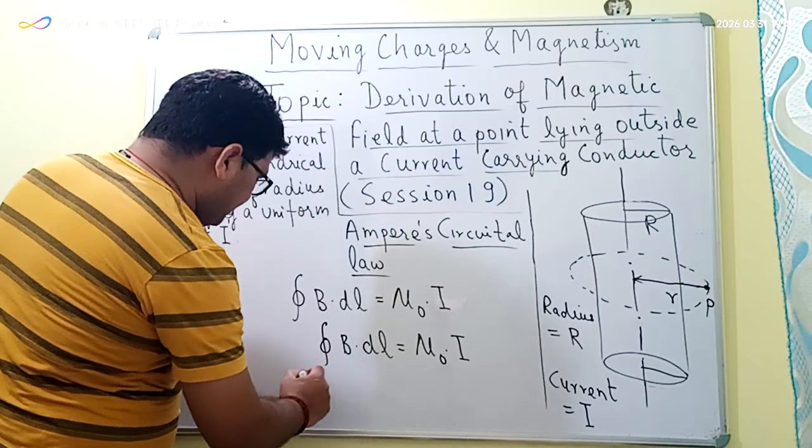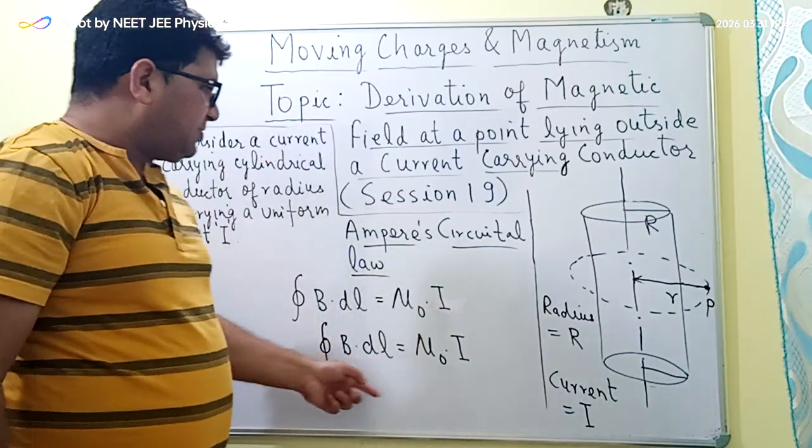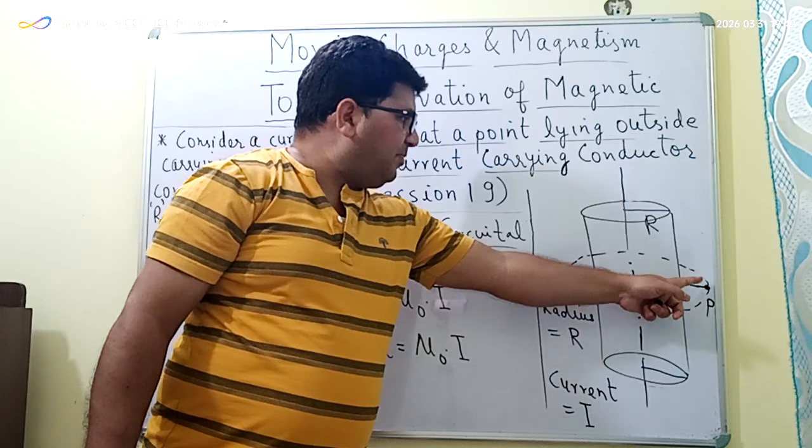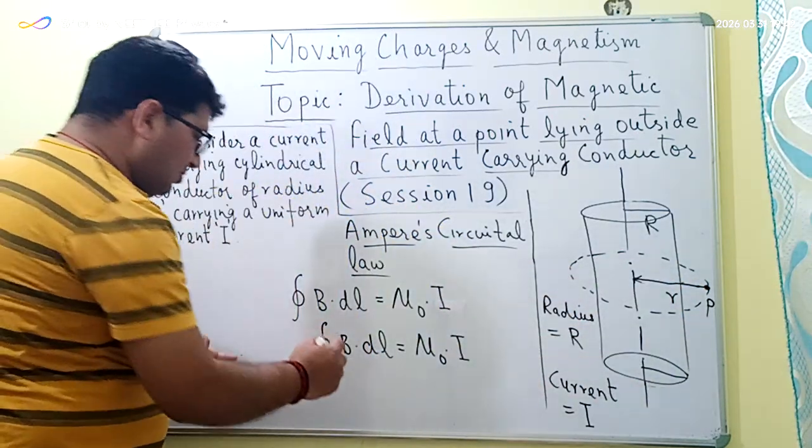So here this equation can further be written as, now here the summation of dl will be equal to the circumference of this Amperian loop, which will be equal to 2 pi r.